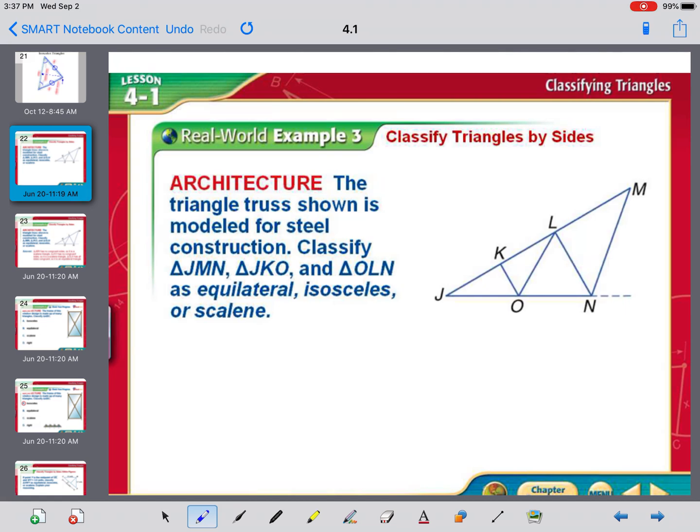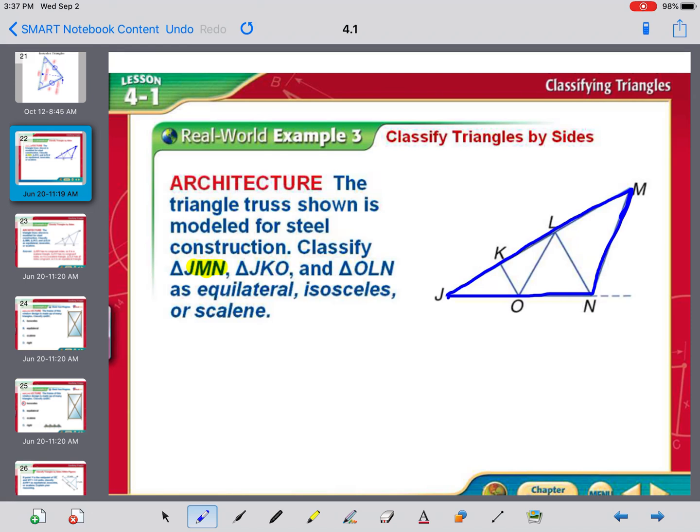So it says the triangle truss shown is modeled for steel construction. Classify triangle JMN, triangle JKO, and triangle OLN as equilateral, isosceles, or scalene. So let's begin by looking at the JMN.